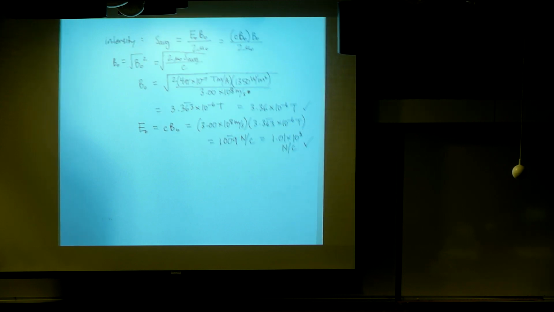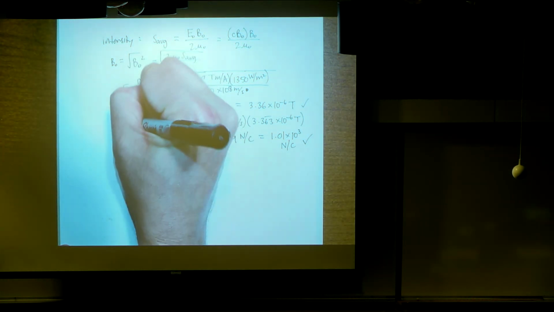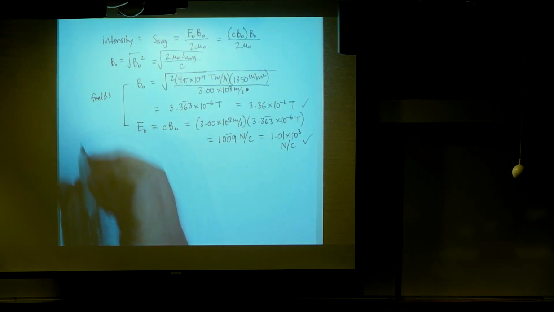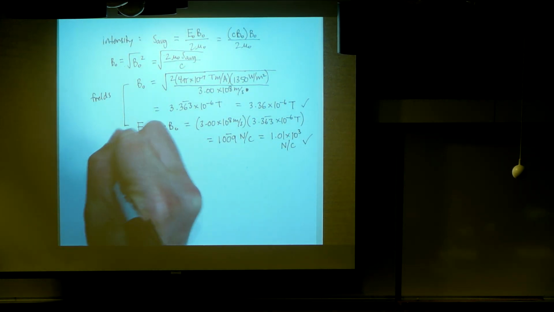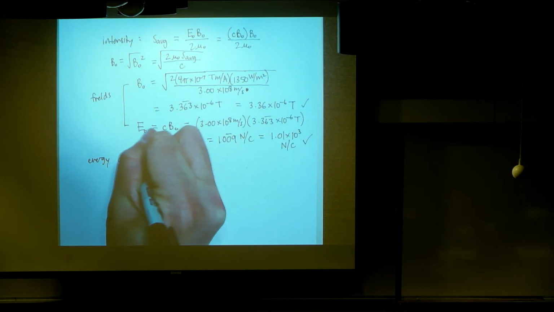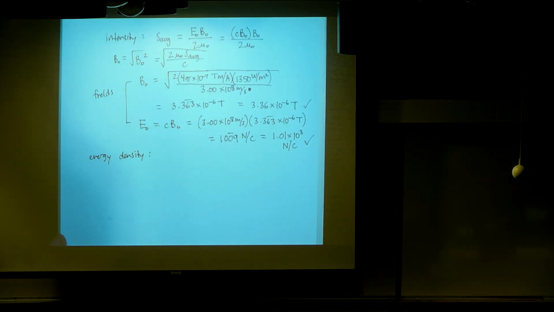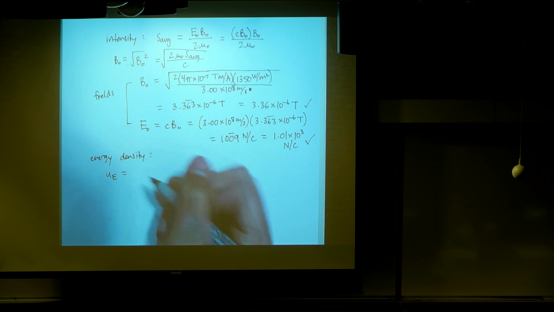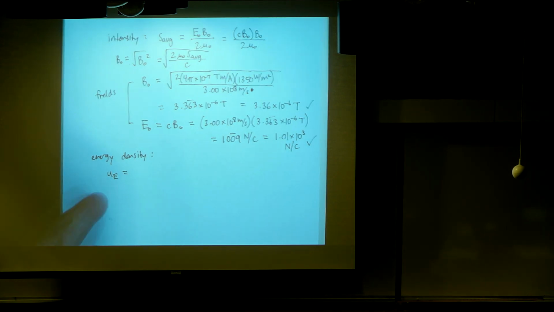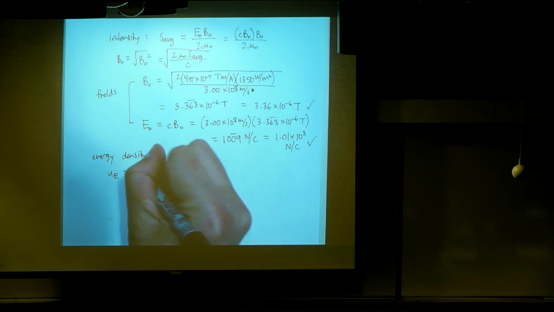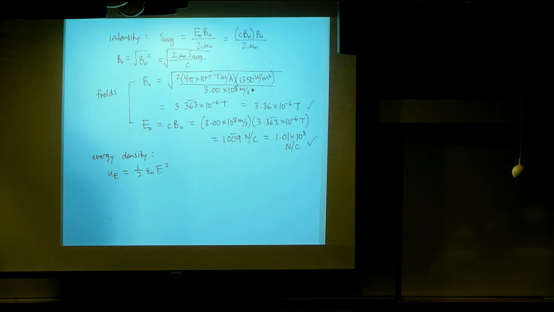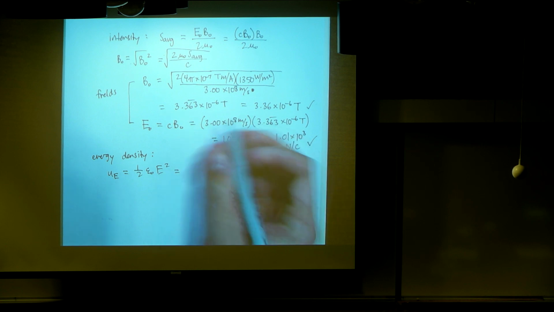All right, so that's the field strengths, basically. Now, let's look at energy density. So we have formulas for this. Electrical energy density, we just want that part, is 1/2 times epsilon naught times E squared. Okay, so we can put a number to that.